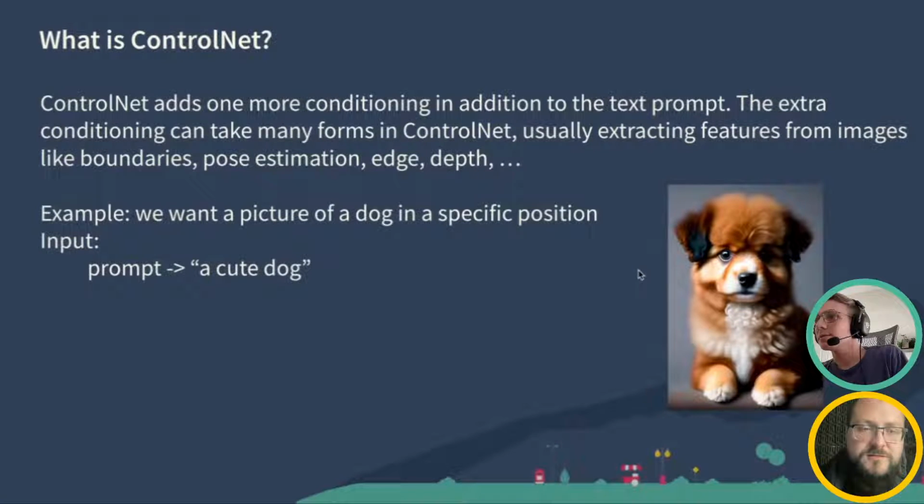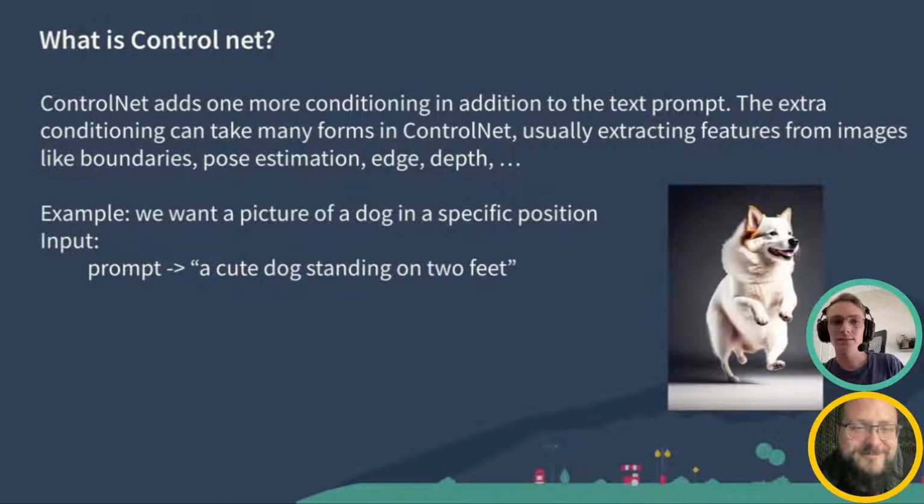But let's follow this example. Imagine we want to generate a picture of a dog in a specific position. We can start by saying to Stable Diffusion, okay, generate a cute dog. This is a pretty cute dog, but it's not the dog we want. So we can do a little bit of prompt engineering, and maybe we say, make a cute dog standing on 2 feet, and yes, it's a cute dog standing on 2 feet, but it doesn't look like the dog I want.